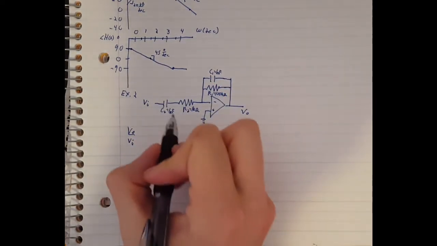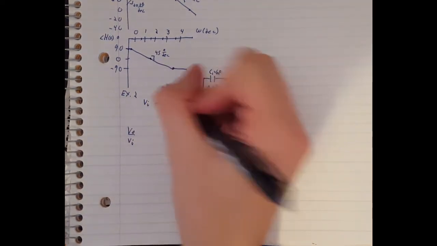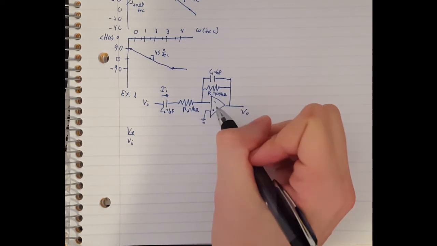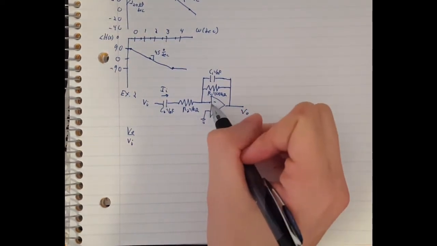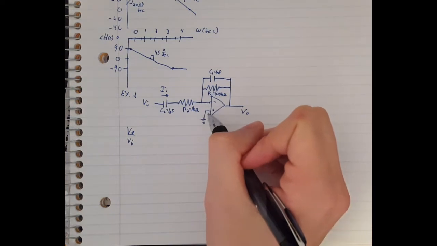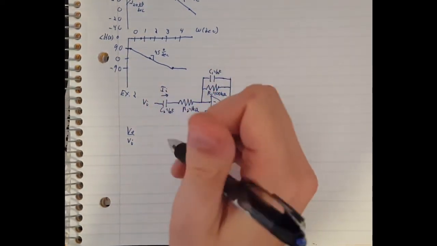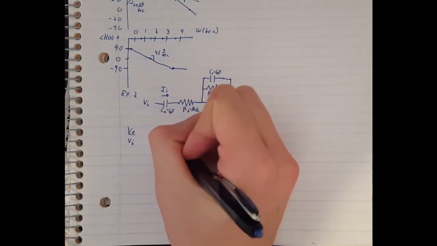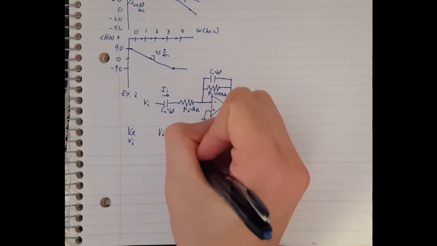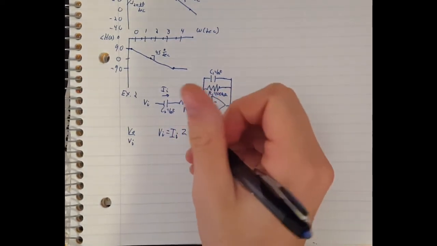So to do this, we want this current, call it I in. We know that this is an ideal op amp, so the voltage at the negative node is going to be the same as the voltage at the positive node, which is just 0. So that means the current over here, we remember V equals I times Z. We're going to call this Z instead of R, it's just impedance.